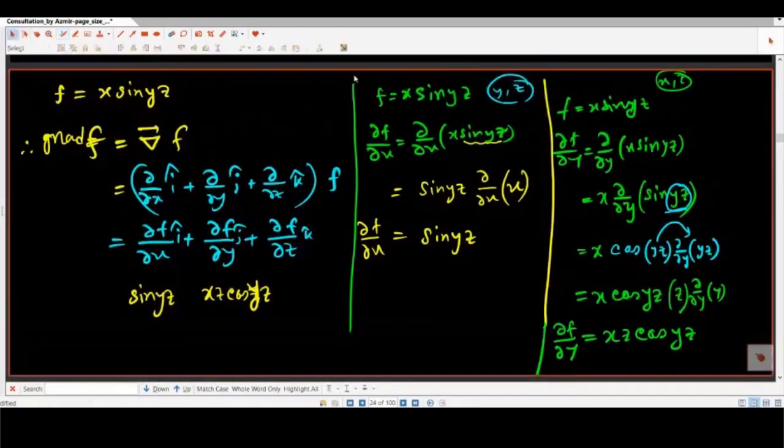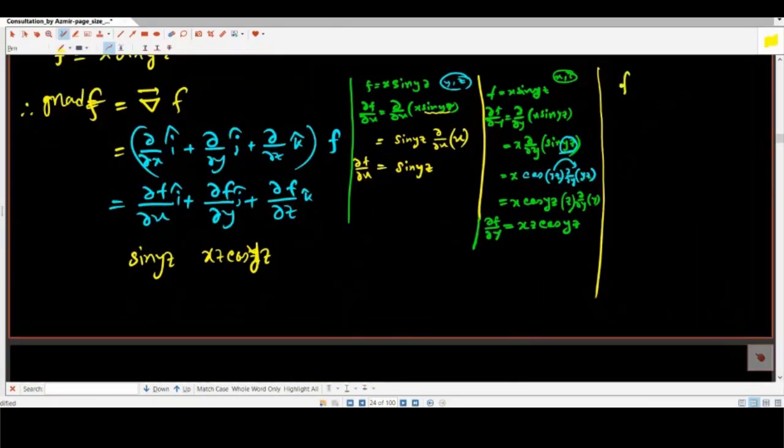Similarly, we can find df/dz. So f equals x sine yz. Now let's find df/dz. That is d/dz of x sine yz.